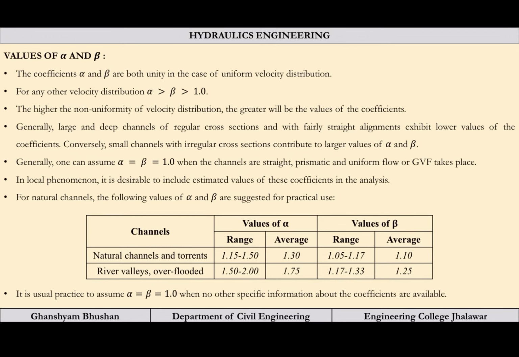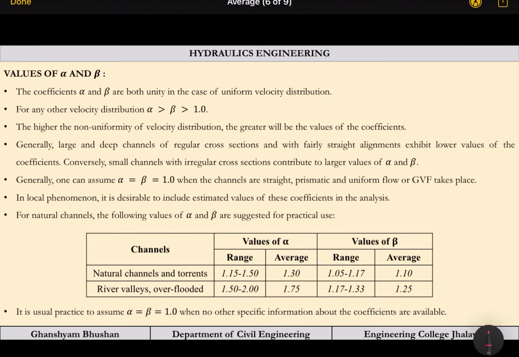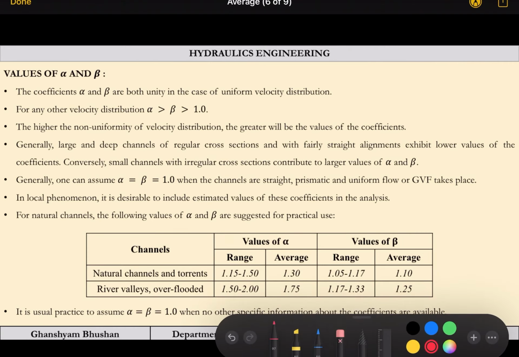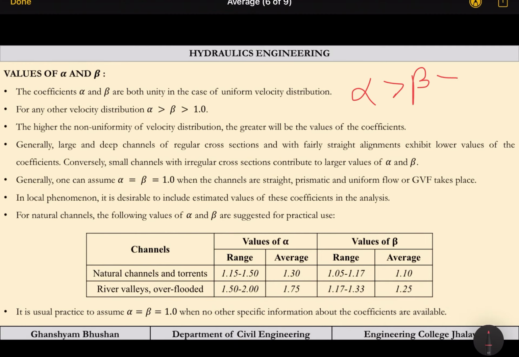The coefficients alpha and beta are both unity in case of uniform velocity distribution. If the velocity is uniform, it is not changing, so something like this, then alpha, beta, everything is going to be 1. For any other velocity, alpha will always be greater than beta and they will be greater than 1. Okay, something like this.